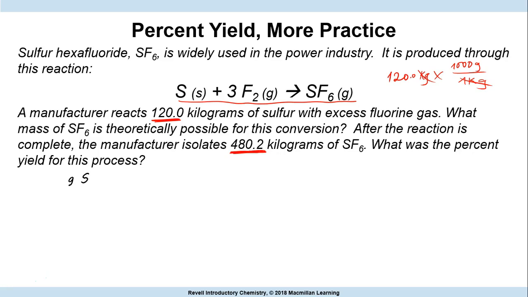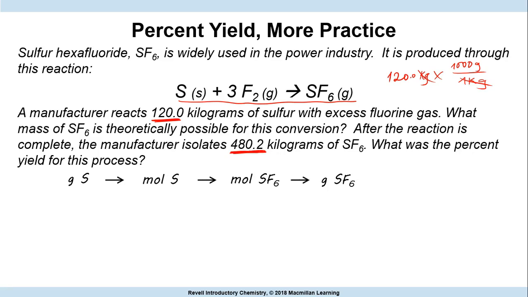So we are moving from grams of sulfur to grams of sulfur hexafluoride. To do that, we have to move from grams of sulfur to moles of sulfur using the molar mass of sulfur, and then we move from moles of sulfur to moles of sulfur hexafluoride using the balanced equation, and then from the moles of sulfur hexafluoride to the grams of sulfur hexafluoride using the molar mass.